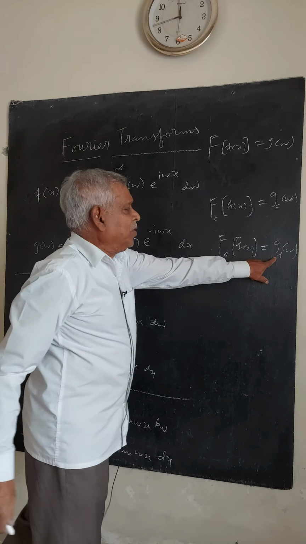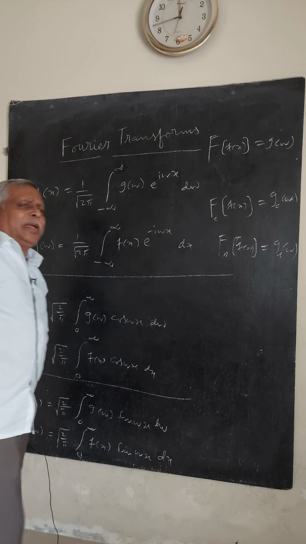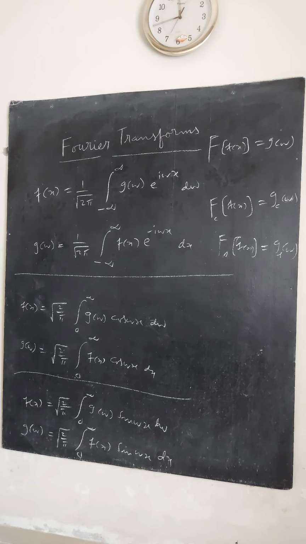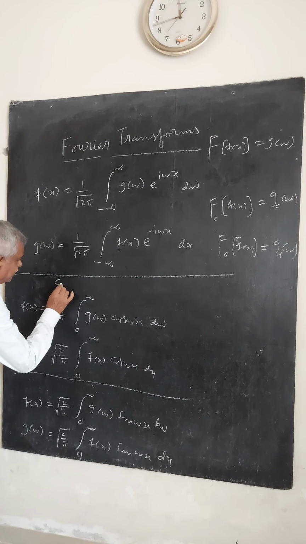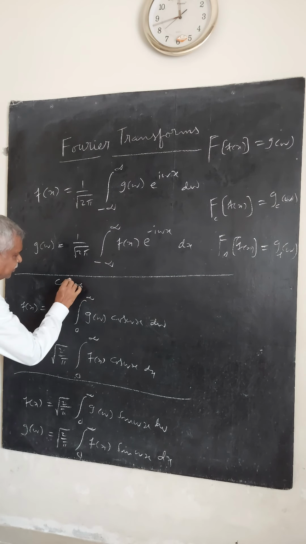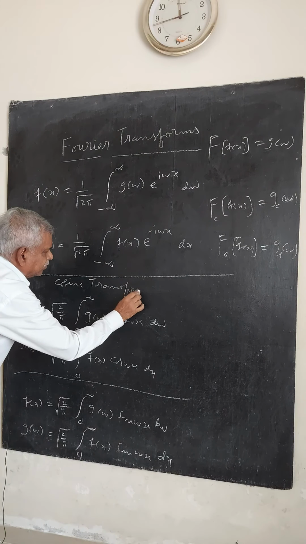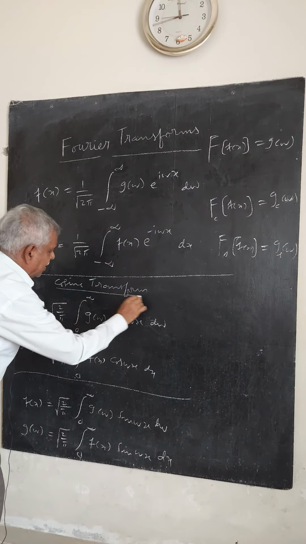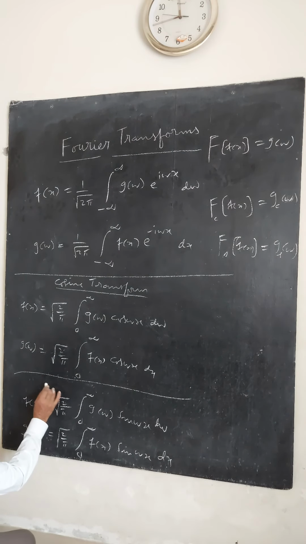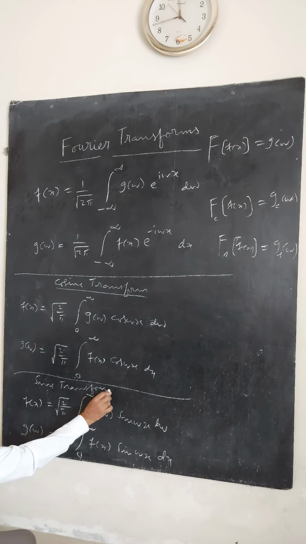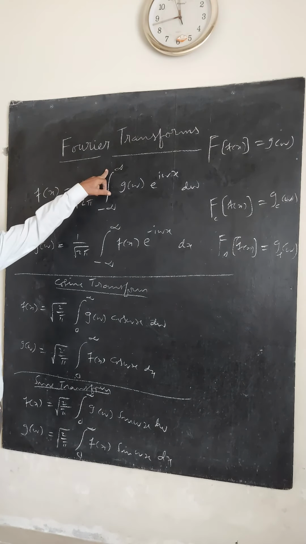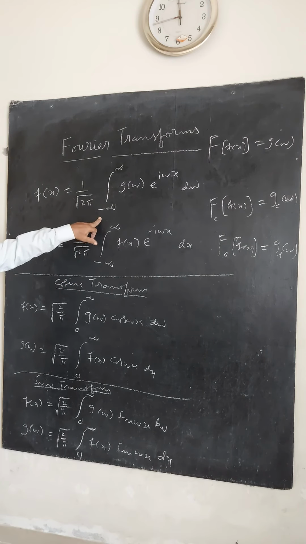It is not necessary, just write G omega. This is cosine transform. This is sine transform. These are all minus infinity to plus infinity, full space.